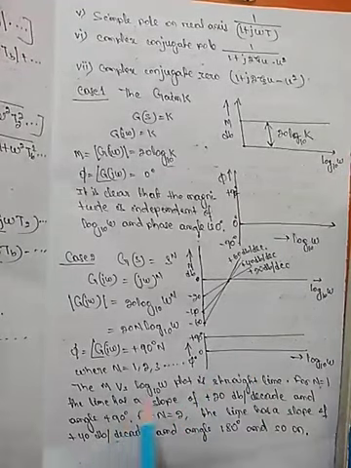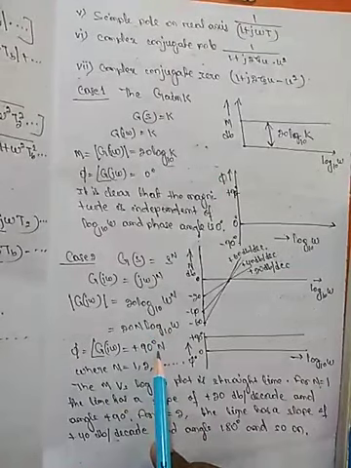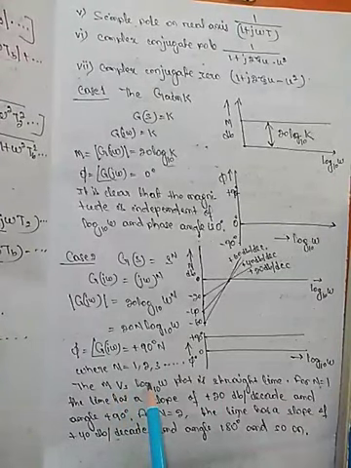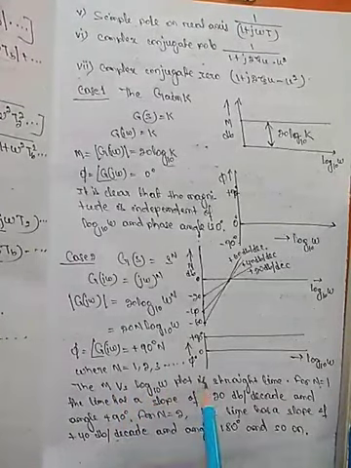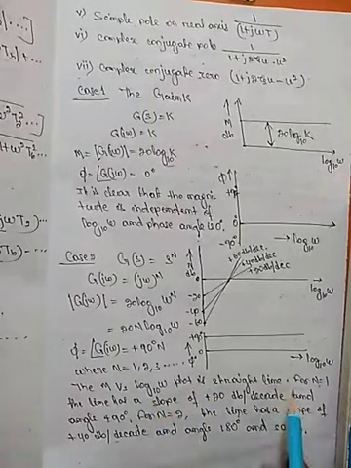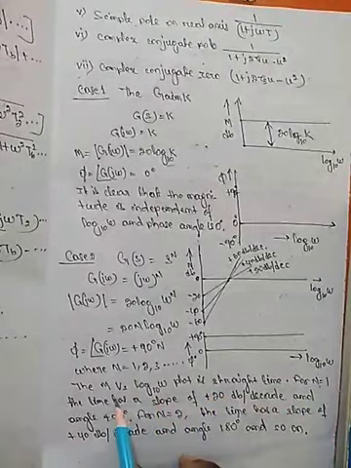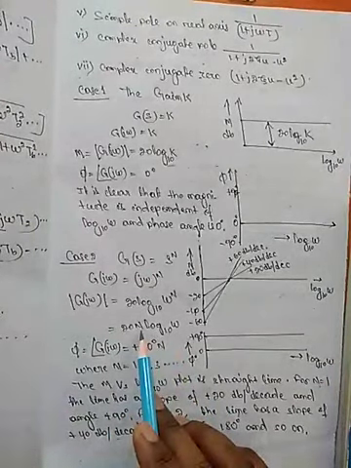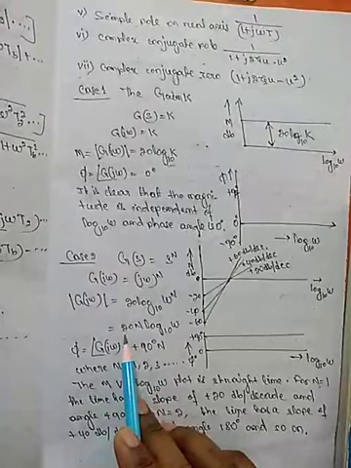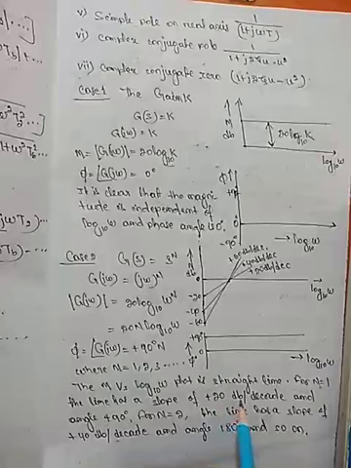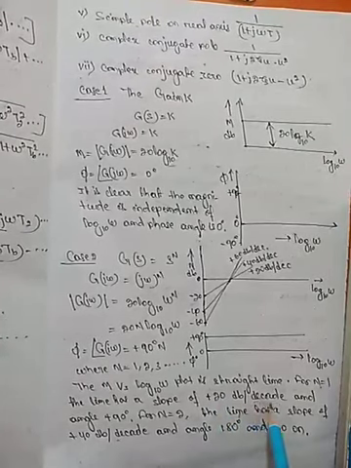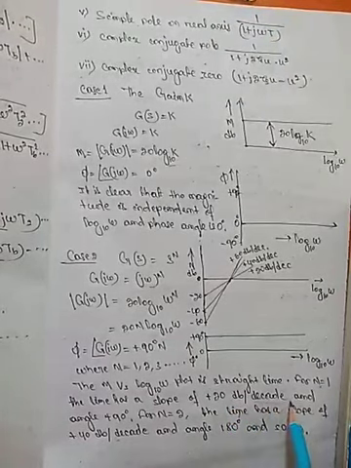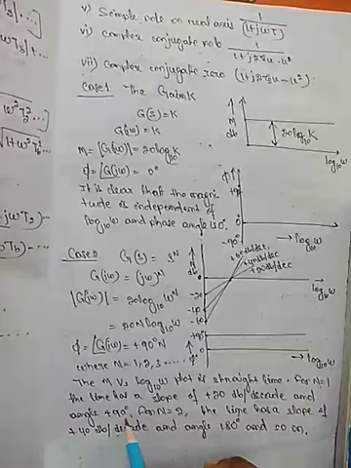So from these two equations it is very clear that the magnitude versus frequency graph in logarithmic scale is a straight line. For example, if n equal to 1, the line has a slope of plus 20 dB per decade, and angle is plus 90 degree.